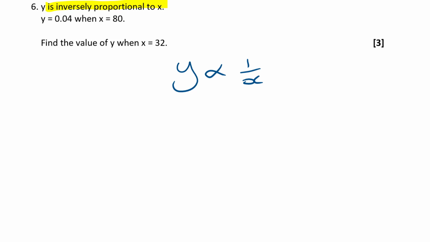So the next thing is to replace that sign of proportionality with an equation and a constant. So y equals k over x. And look, handily they've given me two values that go together, and I can use those now to find out what k is.